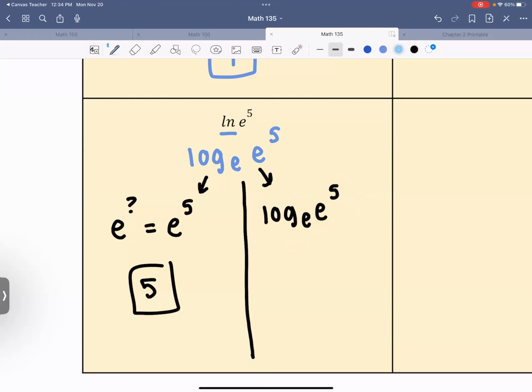What cancels out here is the log base e and the e base, but everything else stays the same. So we're left with 5. So two ways you can go about thinking of it. I like the one on the right better, but technically, traditionally, the one on the left is exactly what's going on.